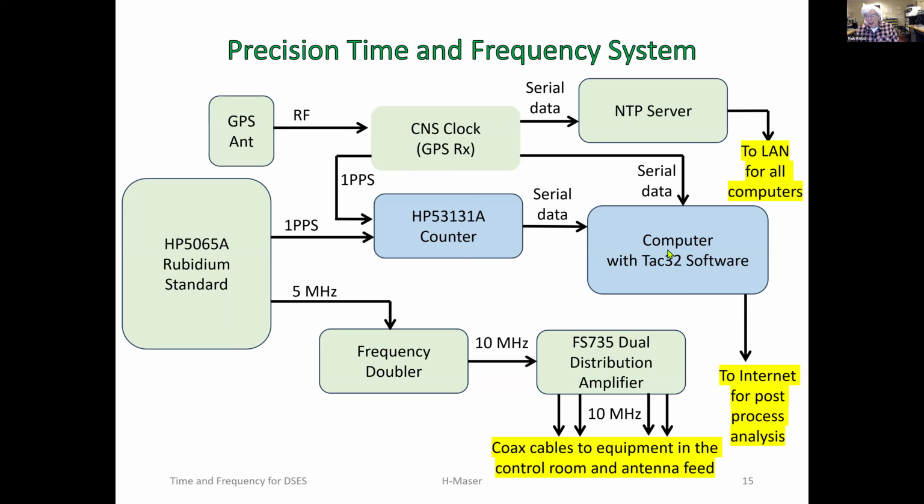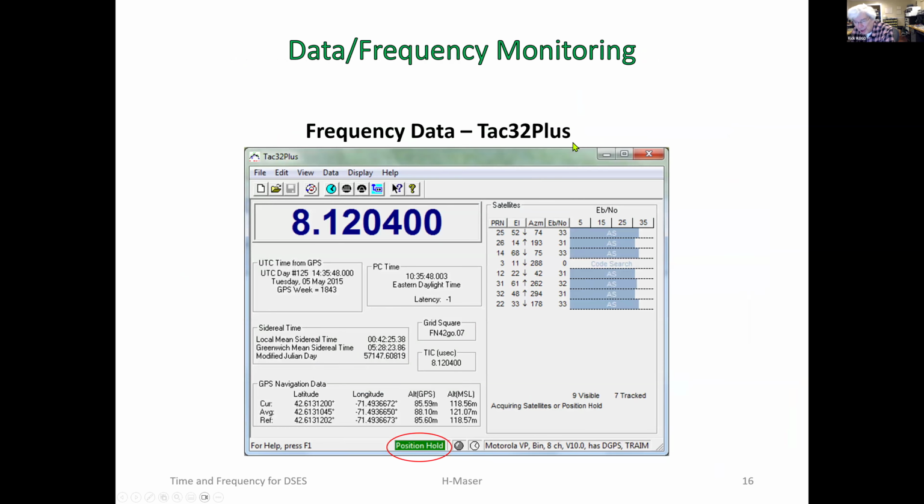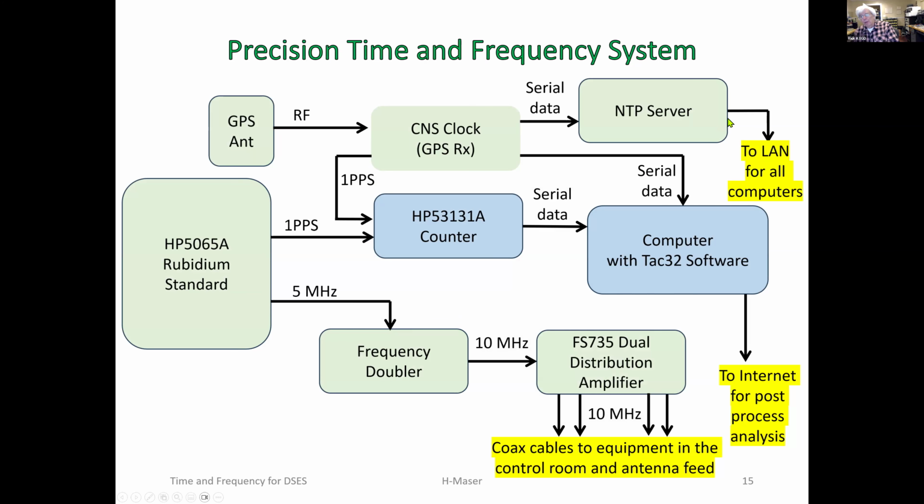And then the CNS clock, the GPS receiver, also feeds this custom-made NTP server, which feeds the LAN with precision time. This computer's logging is then sent by internet for post-process analysis, and I'll show you what that means in a moment.